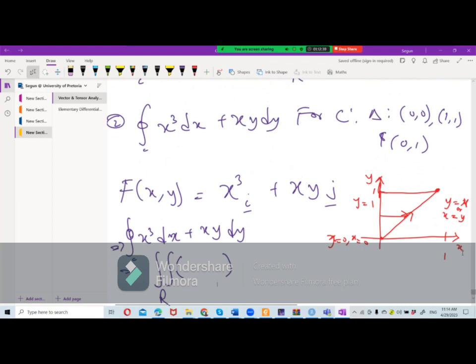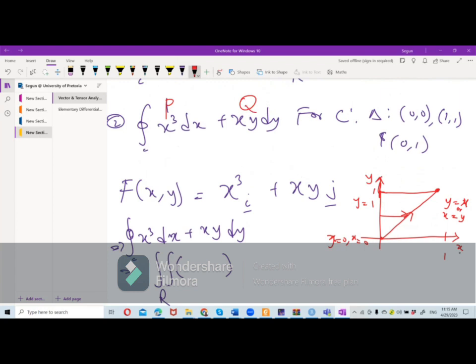Remember, the formula says dq/dx minus dp/dy. In this case, this is your p, while this is your q.